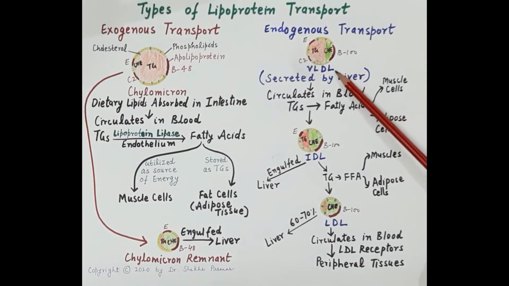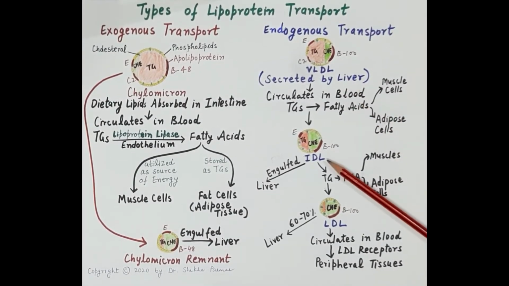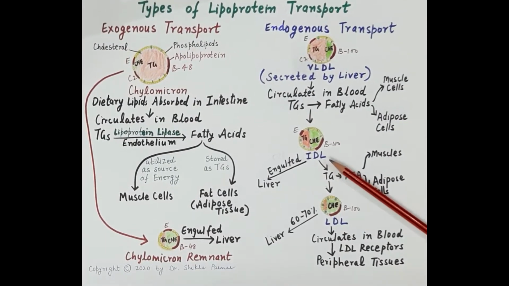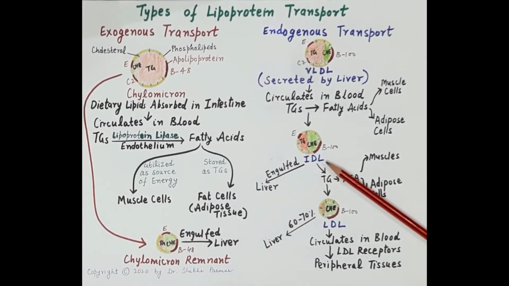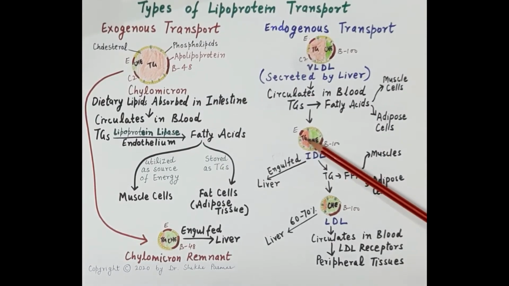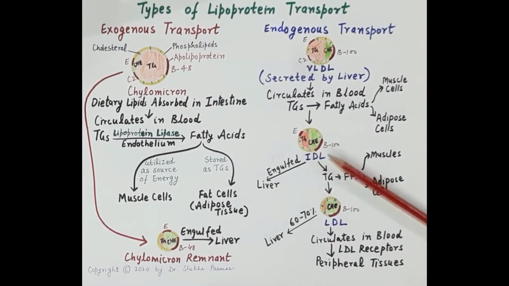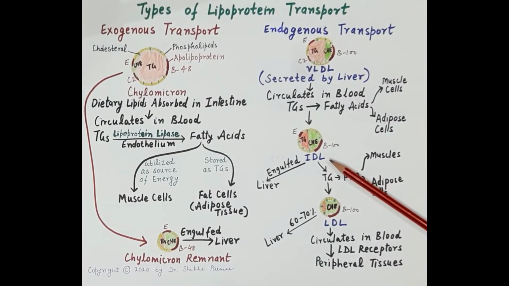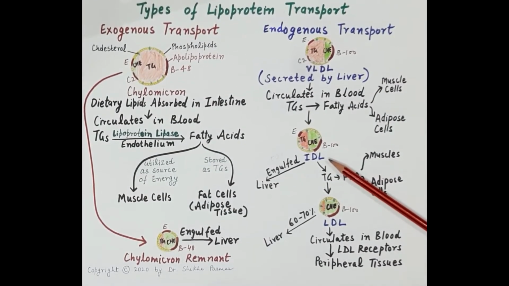Now the VLDL remnants are termed IDL, that is intermediate density lipoproteins. These IDL contain comparatively smaller quantities of triglycerides, and the size of the IDL also reduces to about 30 to 35 nanometers.